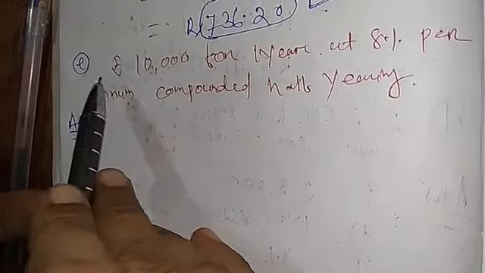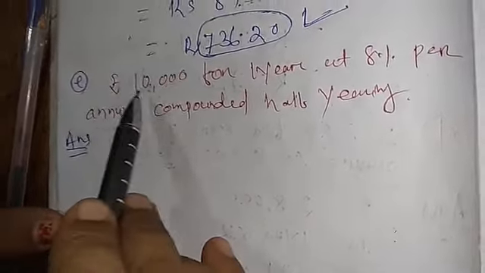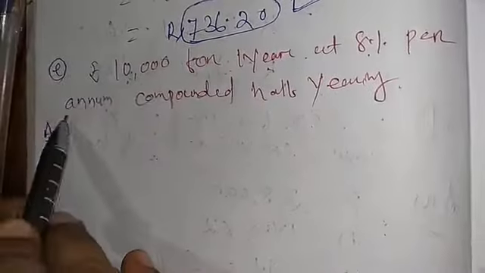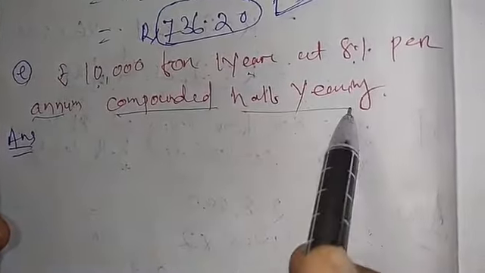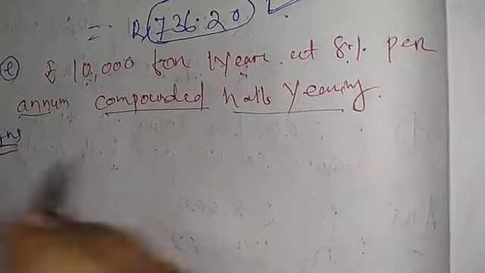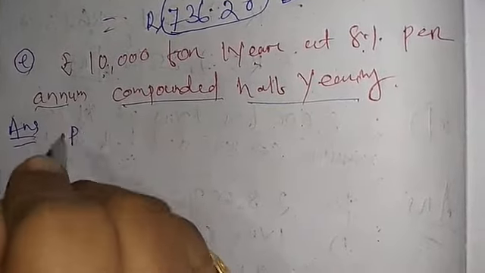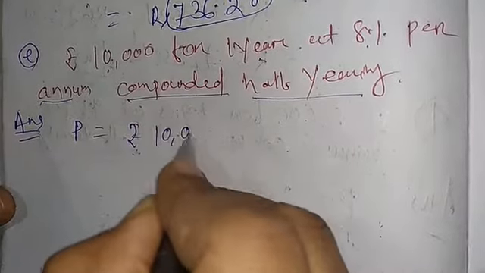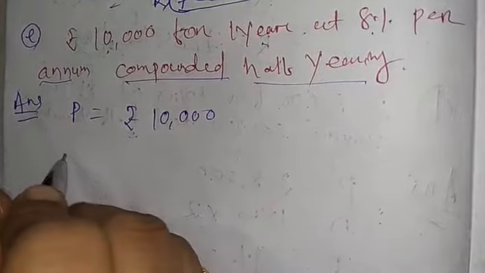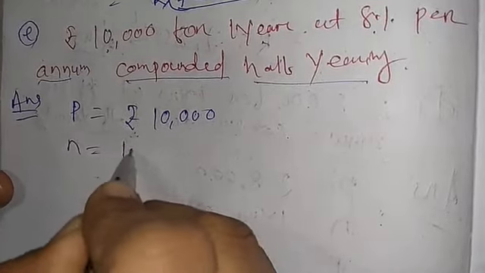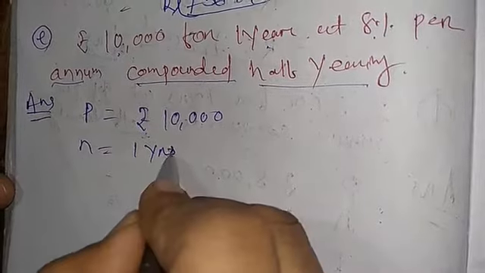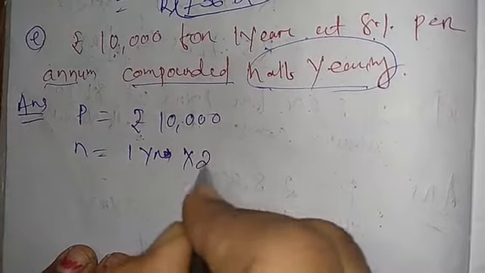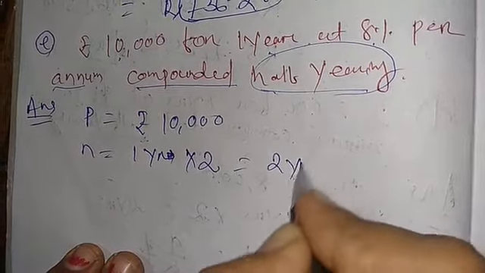So students, E part is 10,000 rupees for 1 year at the rate 8% per annum, compounded half yearly. So first we write the given data. Principal equal to 10,000 rupees, n equal to 1 year. Again half yearly calculated means we multiply with 2 times, so 2 years.